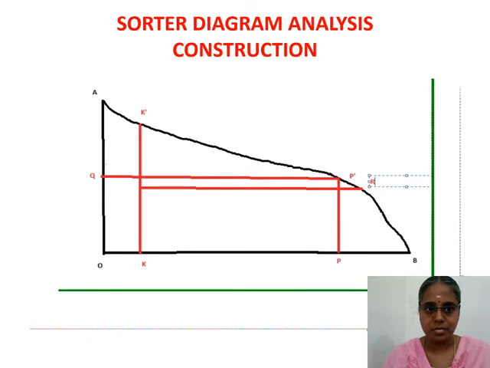Anything on the curve has the dash notation. From R dash, draw a perpendicular to OB, which touches the line OB at R. So mark R.